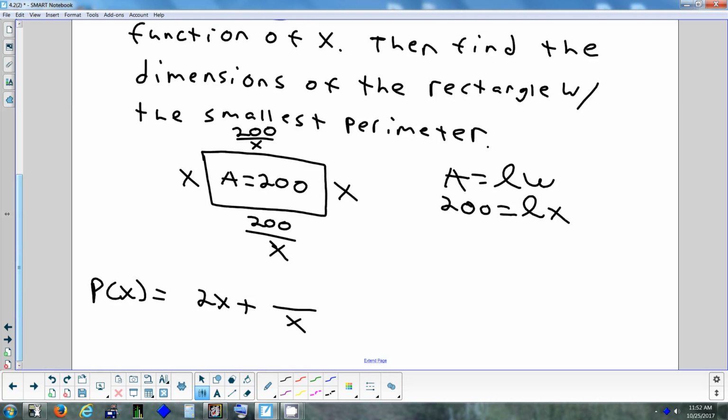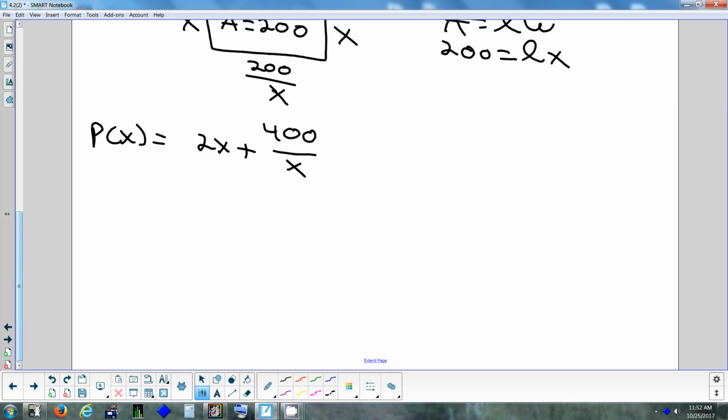We already have a common denominator of x. What's 200 plus 200? Yeah, 400. So there's a formula for my perimeter. Or if you wanted a common denominator, it is x, and you would have to multiply top and bottom by x on what I just pointed to.